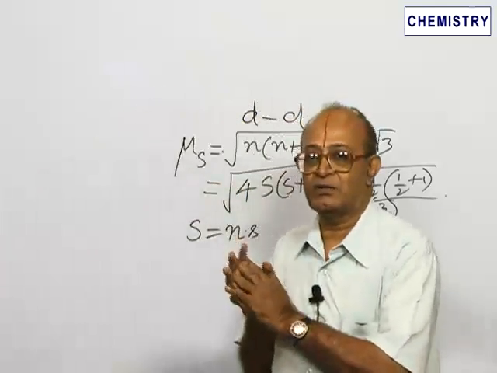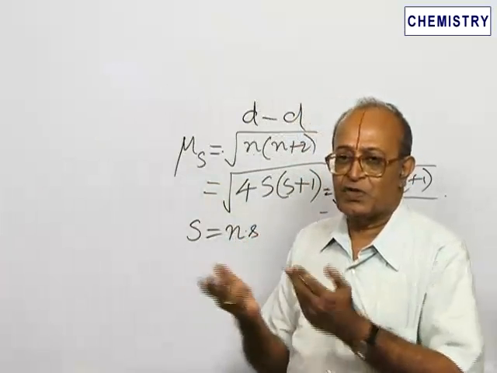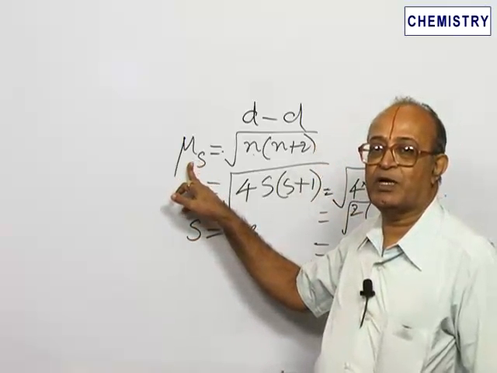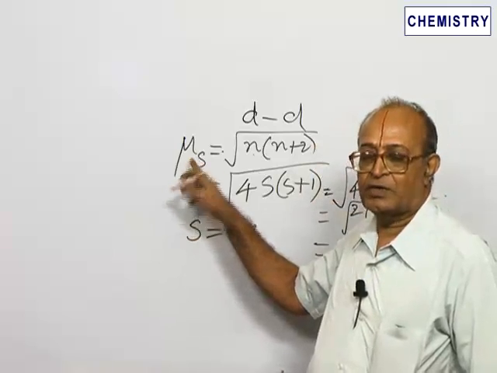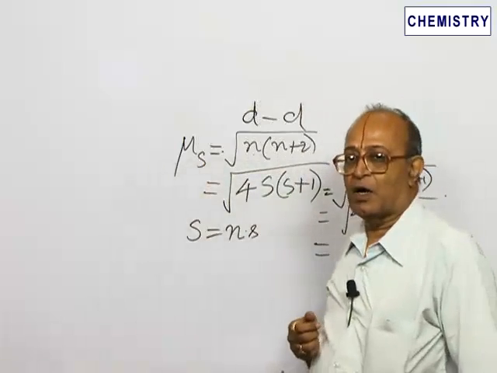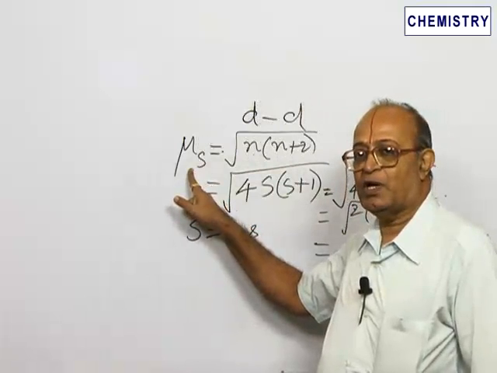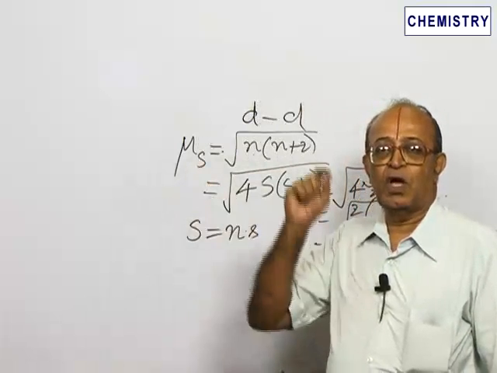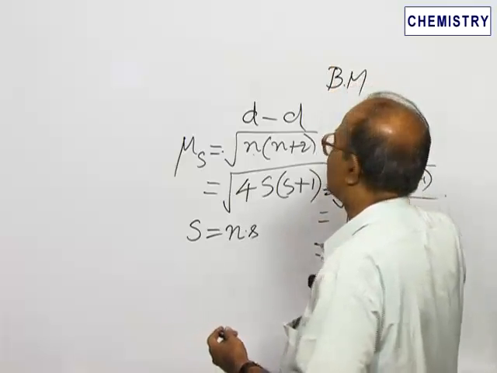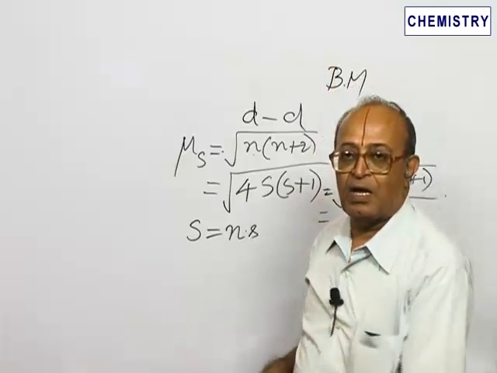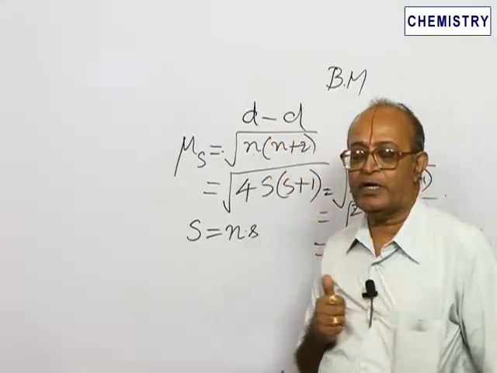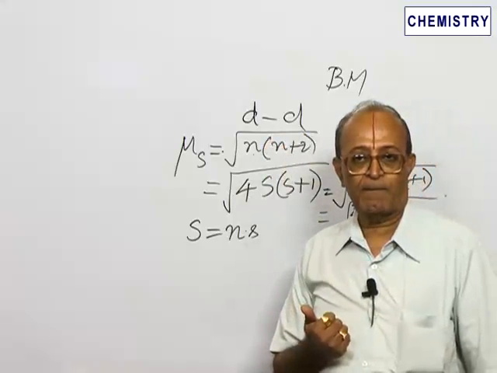Now problems based on this will be asked, of course, using simple calculation. Suppose you are given the spin only magnetic moment value, say, 1.73. These magnetic moment values are expressed in Bohr magnetons. So a particular compound has the spin only magnetic moment value of 1.73 Bohr magneton.